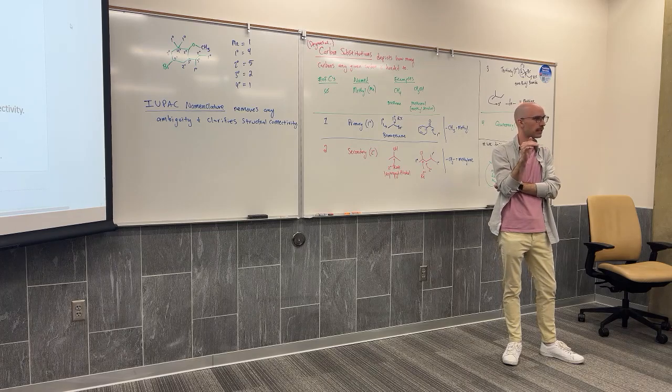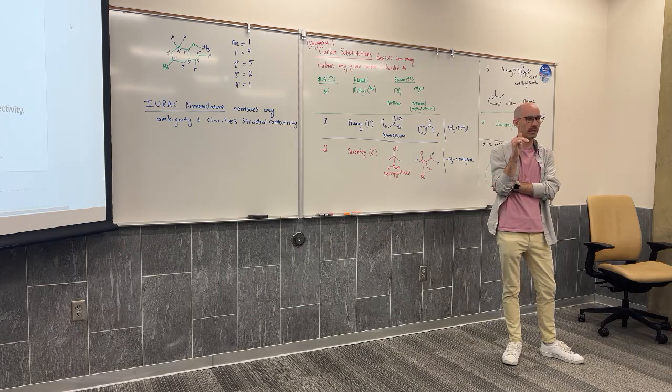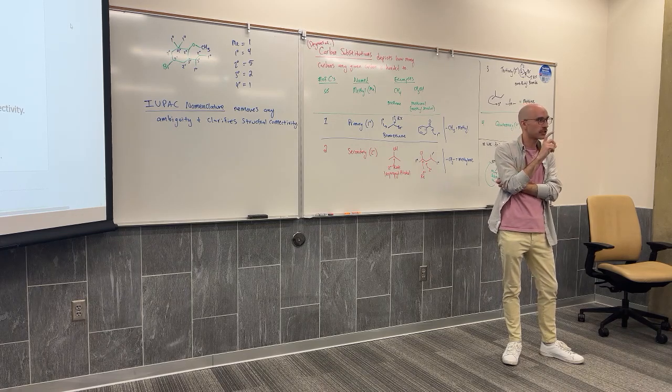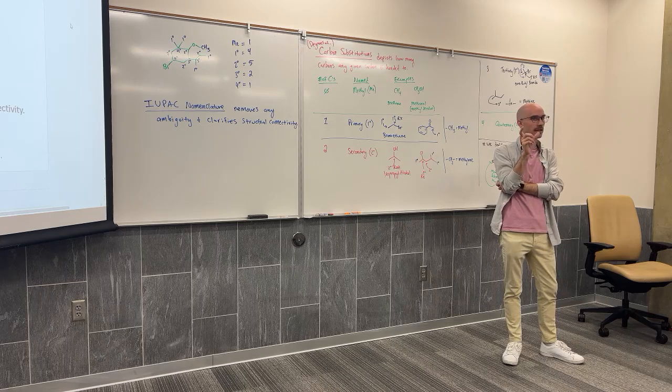There's no ambiguity. The purpose of nomenclature here is to be as redundant as possible to make sure that there is no room for error in explaining that molecule.